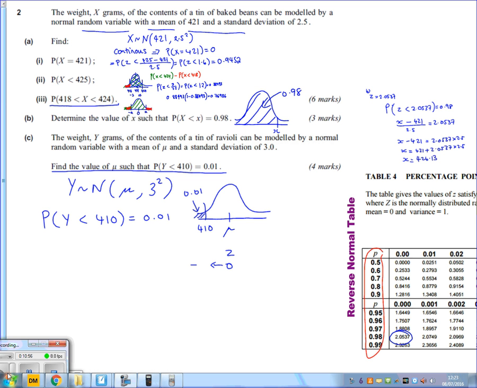So what I'm going to do is look up the value for 0.99, then this shaded value that I've got up here, the probability of that would be 0.01. So if I look up the z value for 0.99, this time it's going to be this one here, 2.3263.